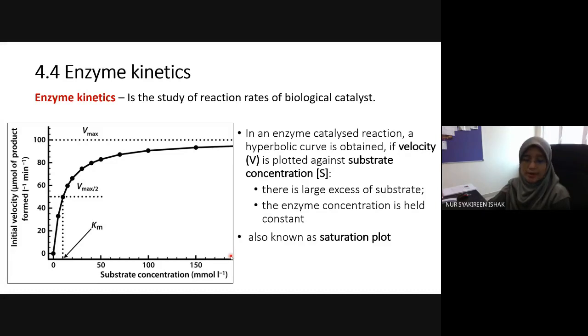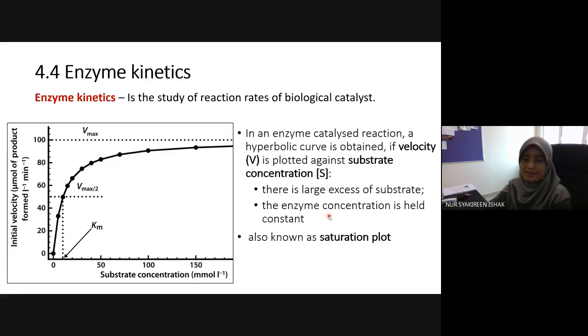You always add on the substrate concentration, but the limiting factor here is the enzyme concentration. Enzyme concentration is held constant. So you will get a saturation plot, which is the hyperbolic curve here.